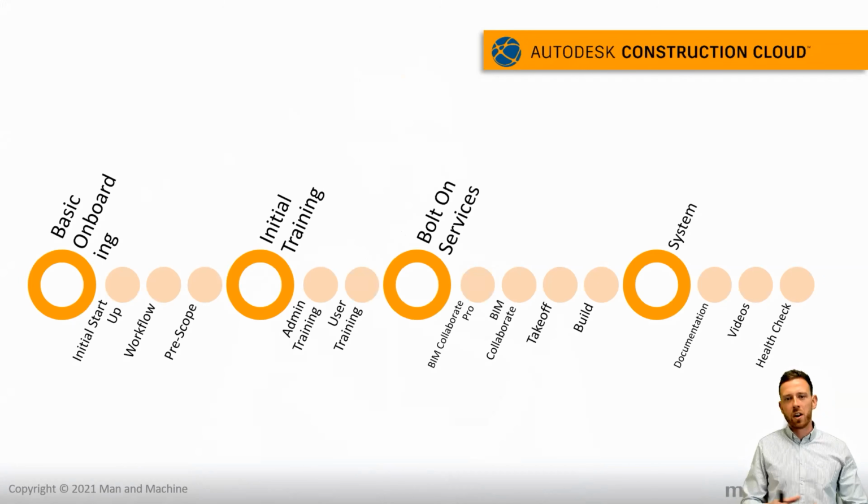But for anything that you're looking to do, you have to start with a plan. If you don't have a plan, you'll buy the software, you'll do some user training, they may move on from the business, they may stop using the software due to that project finishing, and all of a sudden you've lost all of the actual value, all of the skills that you had in those areas.